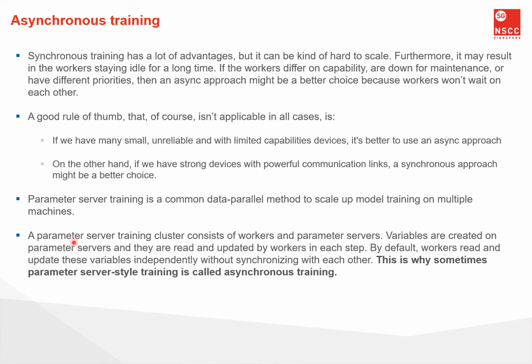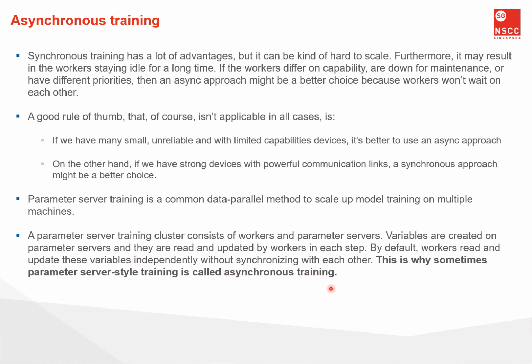Variables are created on the parameter servers and they are read and updated by each worker in each step. By default, the workers read and update these variables independently, hence the asynchronous nature. They do not need to wait for each other in order to perform the update. This is why parameter server style training is also called asynchronous training.